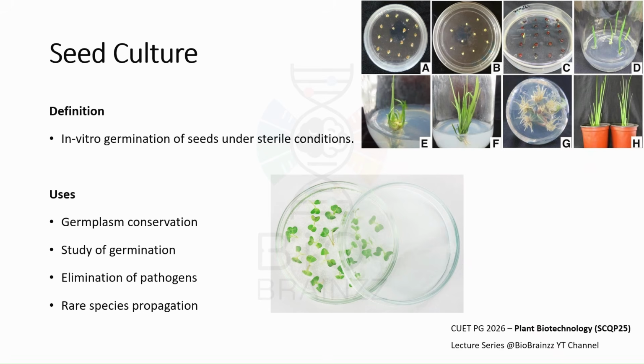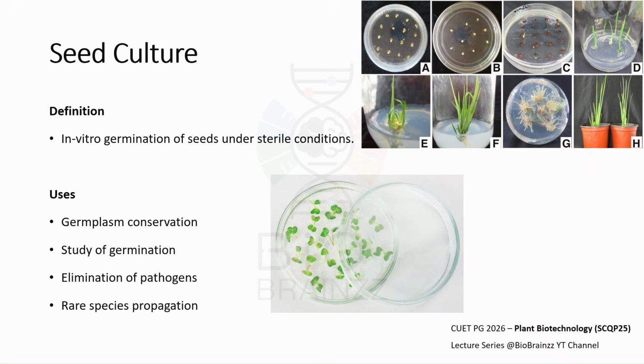Seed culture is particularly used for germplasm conservation, for studying the physiology of germination, for eliminating seed-borne pathogens, and for propagating rare or endangered plant species whose seeds may not survive well in natural conditions.